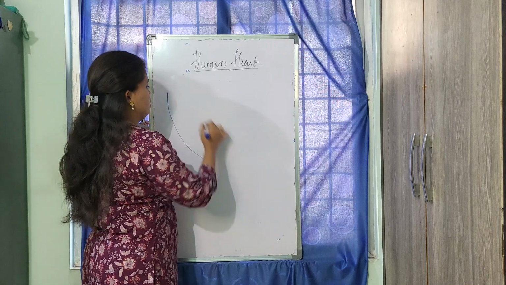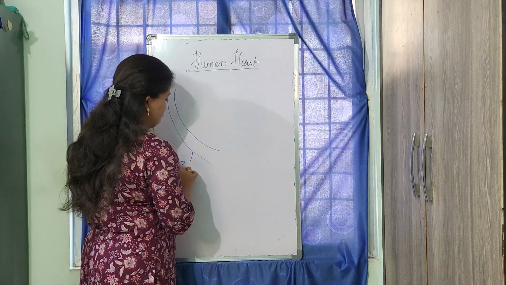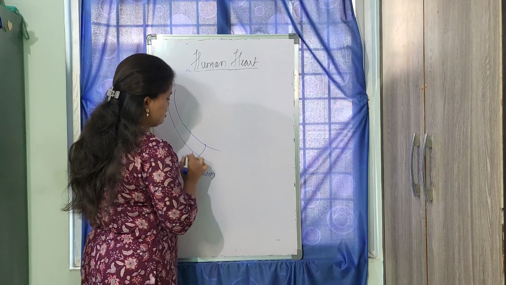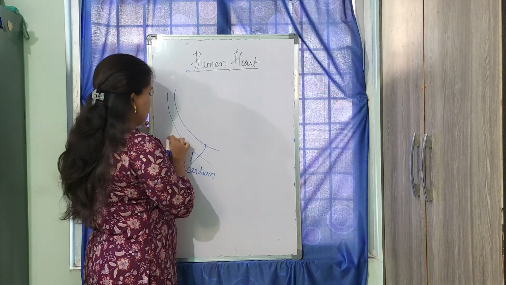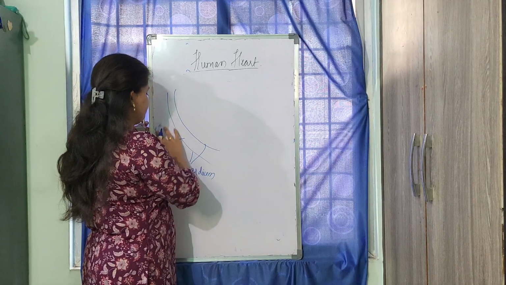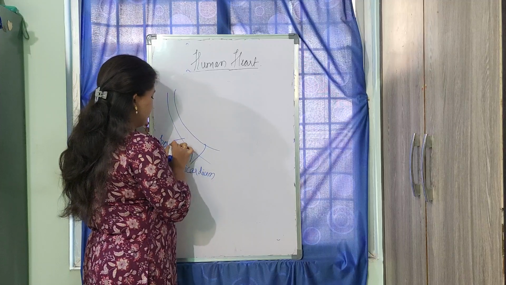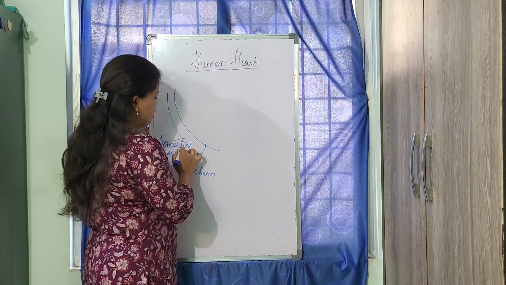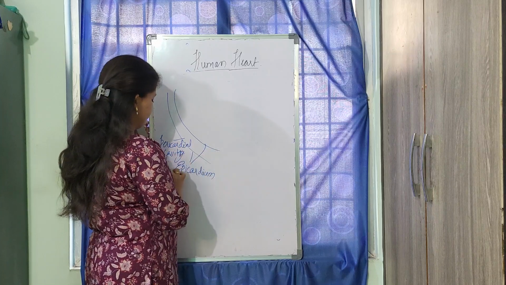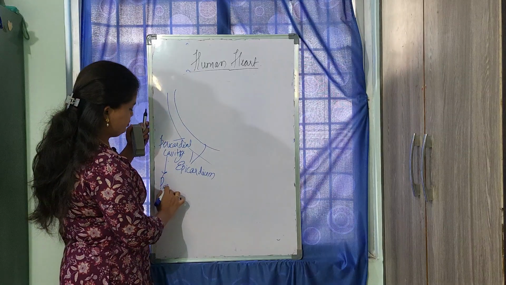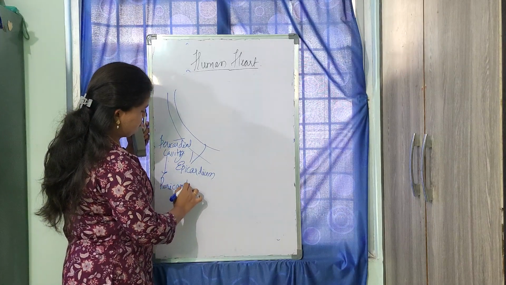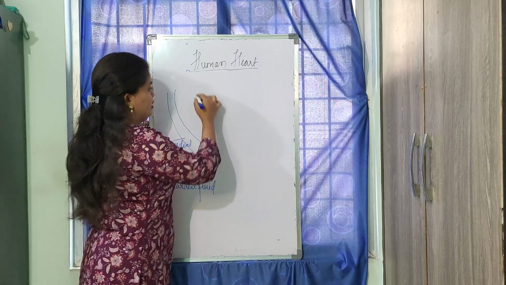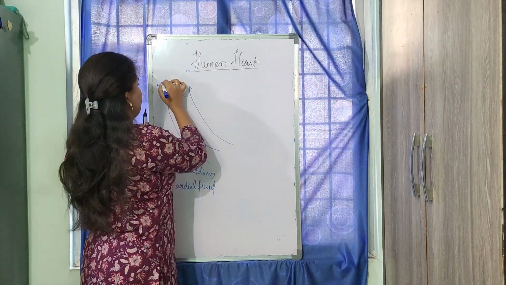So this one is the epicardium. It has two layers, and the pericardial cavity is filled with the pericardial fluid. The next one is the myocardium.